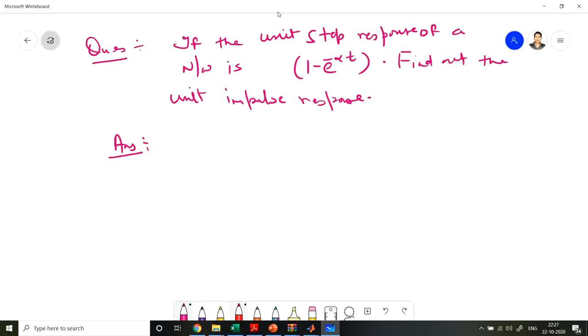Let the unit step response be denoted by s(t), equal to 1 minus e raised to the power minus alpha t.